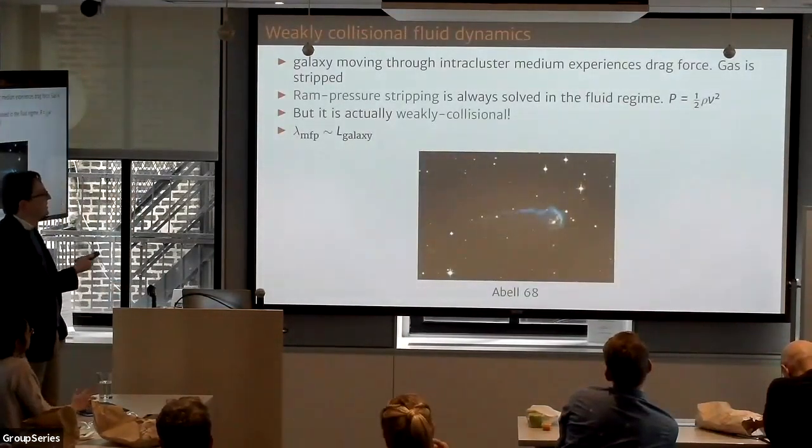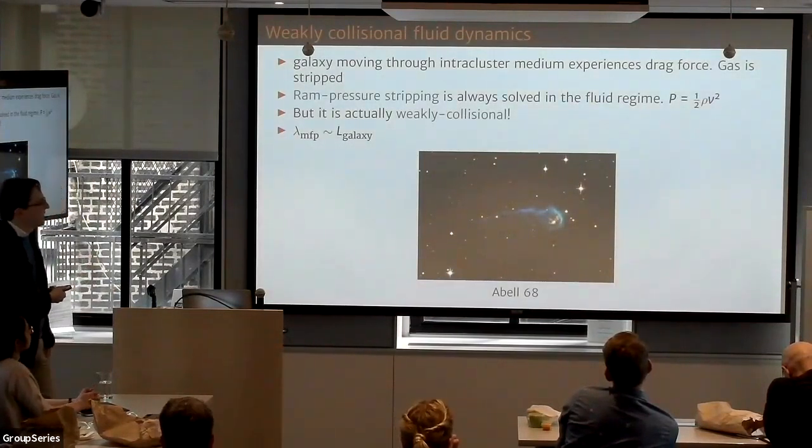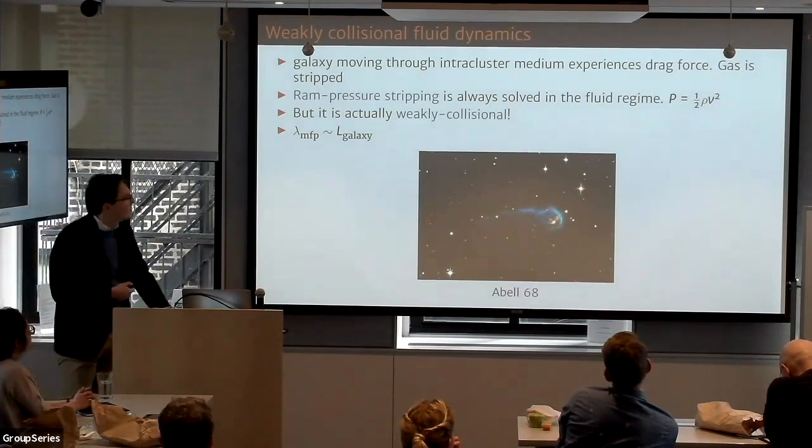So it could be interesting to study weakly collisional regimes in astrophysics, such as systems with ram pressure stripping. If you do some back-of-the-envelope calculations, the mean free path of particles might be on the order of the size of your satellite galaxy, and so you might be in a weakly collisional limit.